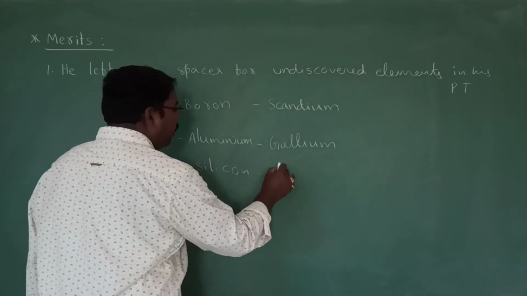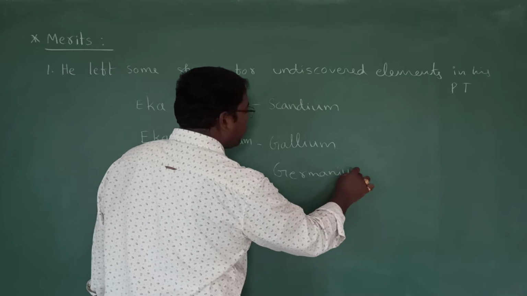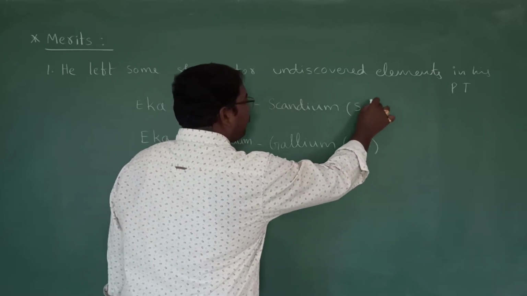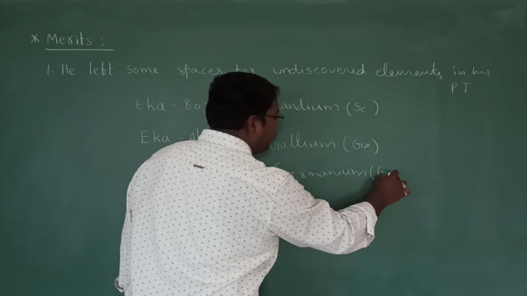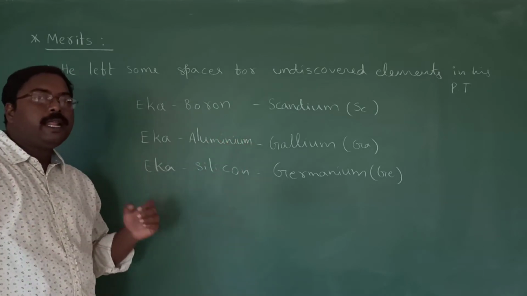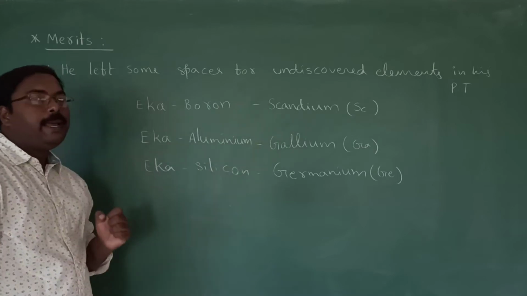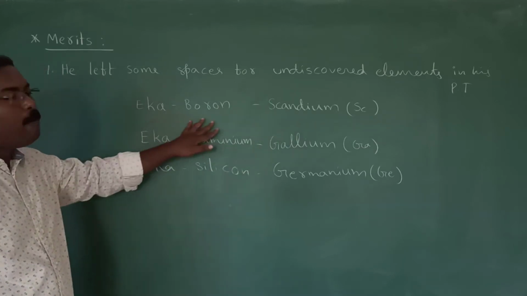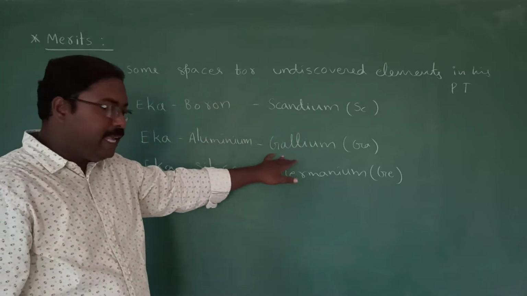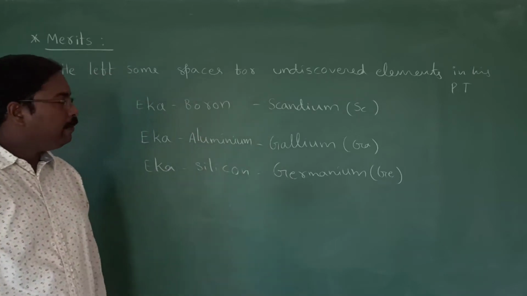Next, Eka-silicon was named germanium. Remember this, because they ask in competitive exams: for scandium, what was the name given by Mendeleev? Eka-boron. Eka-aluminium is gallium. Eka-silicon is germanium.